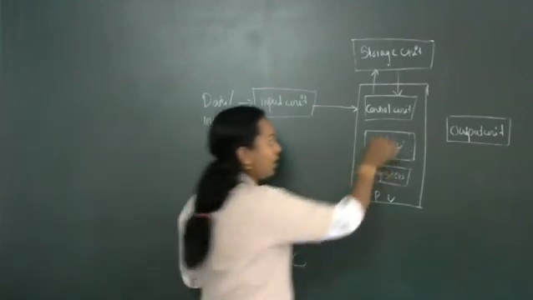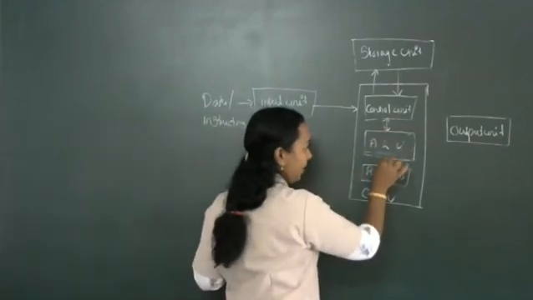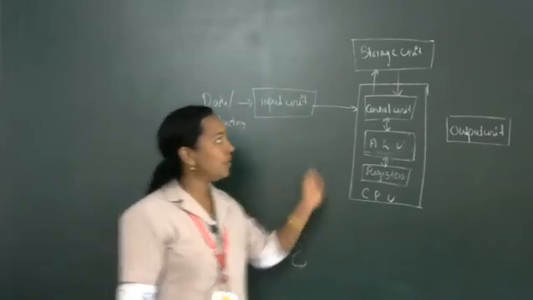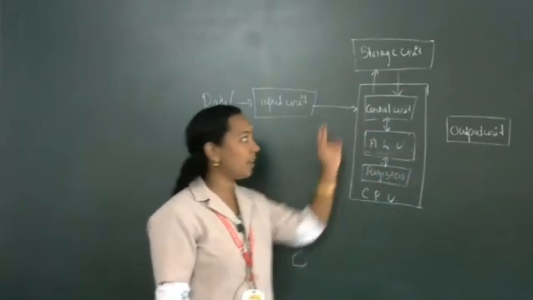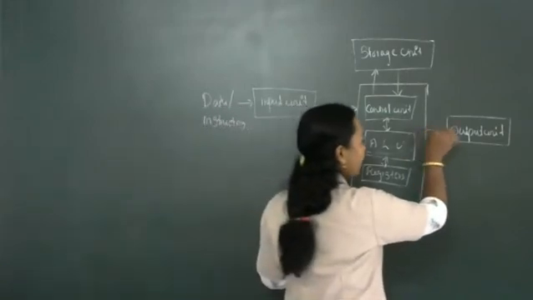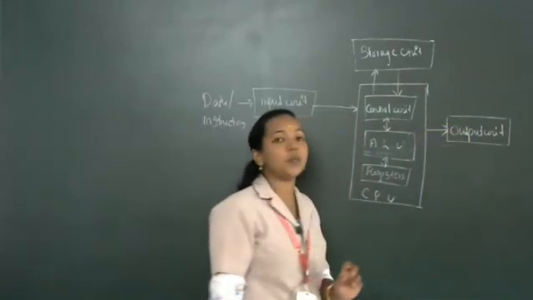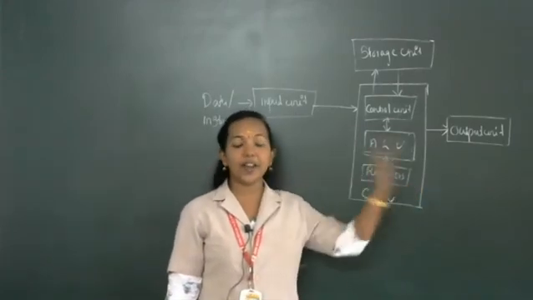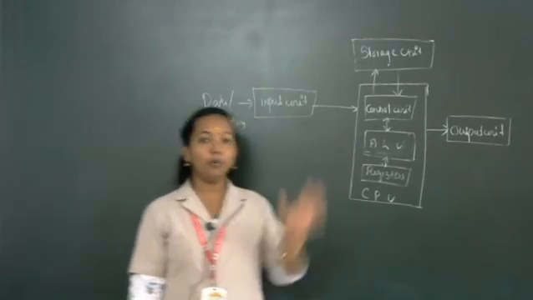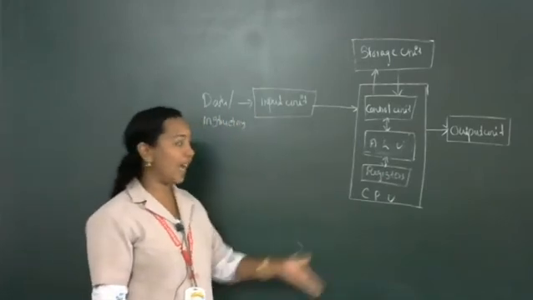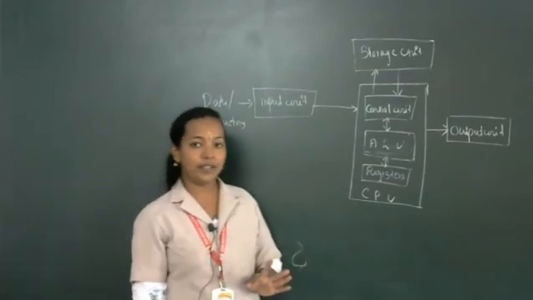All these units are interconnected. This is the actual processing taking place in the second unit. After the data processing, data is transferred to the output unit. Then the output unit presents data through the monitor or whatever output device we are using. So through that we are getting the result.